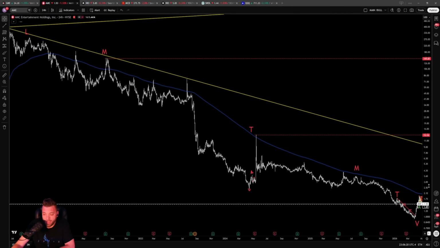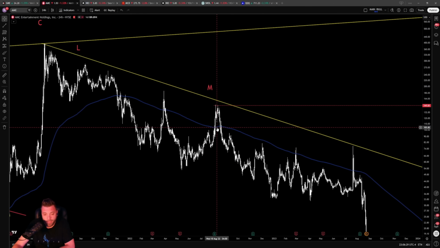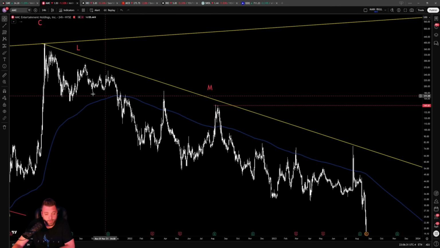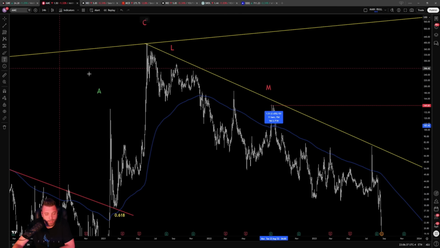In July 2023, it was already 2 days. We stayed 2 days over the 200 EMA. In August 2022, we even were 15 days over the 200 EMA.